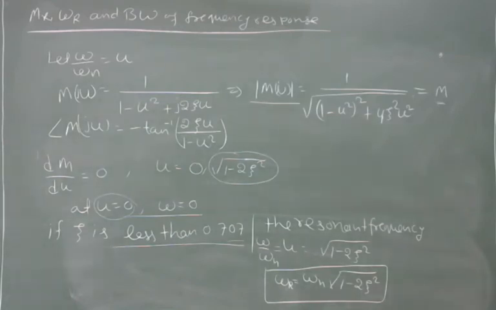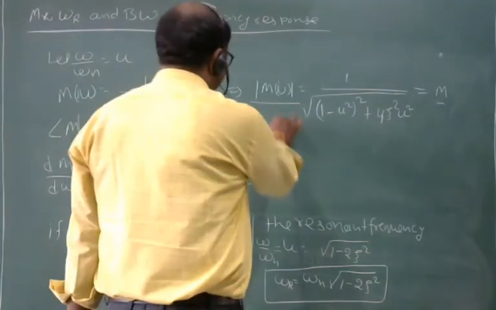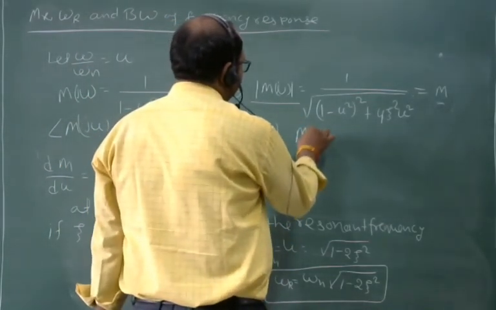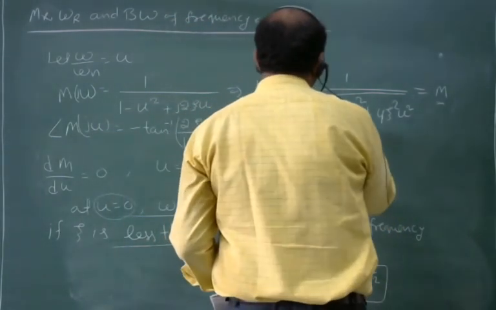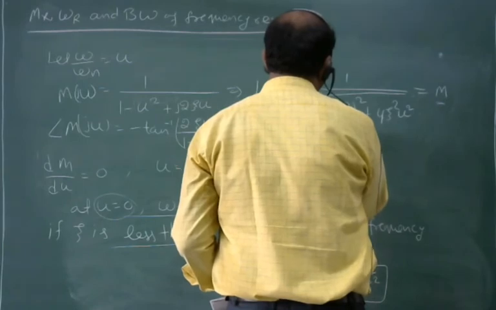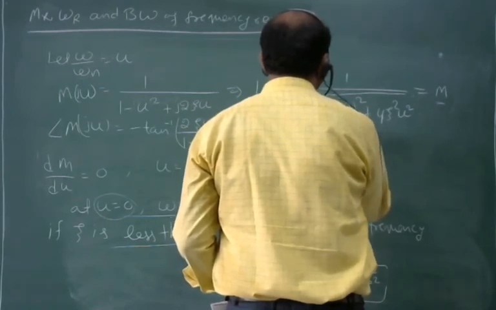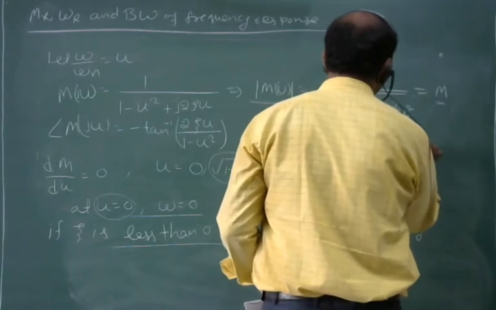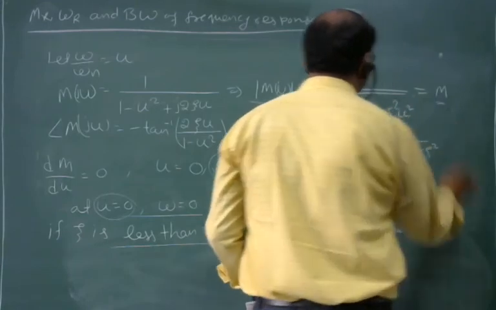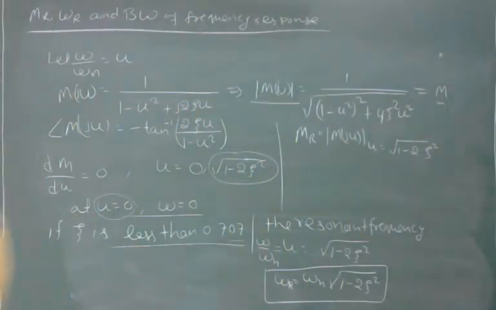And the resonant peak is Mr is equal to the magnitude of mju, where u is equal to under root 1 minus 2 zeta square.